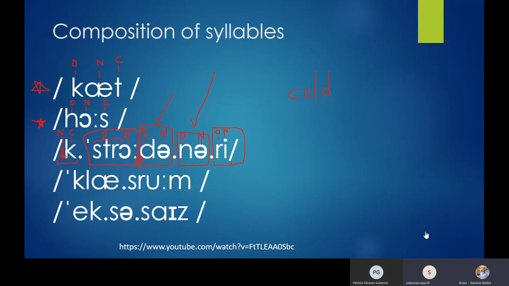The onset is the sound K. The nucleus is the next sound, O. And I think that the rest there is the coda.